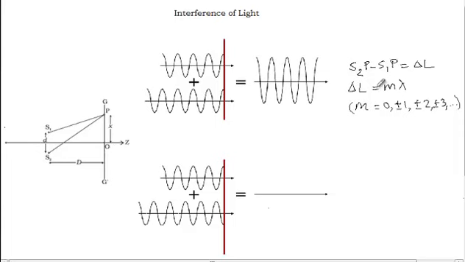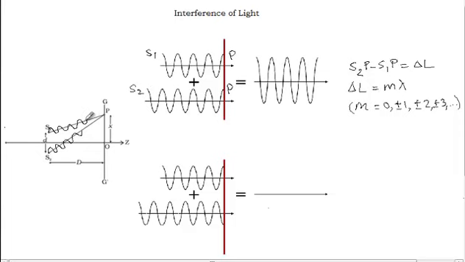Now if the path length difference is delta L, which means we have, say, waves traveling from a point over here, and similarly you have waves traveling over here, and when they leave at S1 and S2, the two waves are in phase. Say this is S1 and this is S2, and this is a point P on the screen.